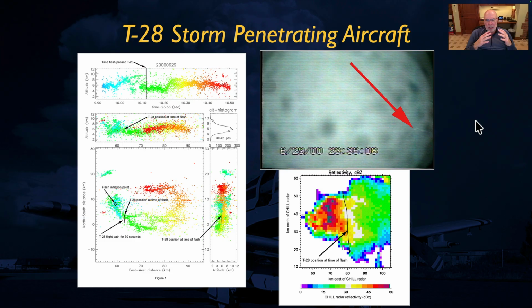Here's a typical profile of the flights that we flew. In this particular case, I used the data from this day and this particular flash to complete my master's thesis and publish a paper resulting from that. This is a lightning mapping array display. This is data collected by a lightning mapping array, which senses lightning in 3 dimensions using the emissions that the leader tips emit as it propagates through 3-dimensional space.